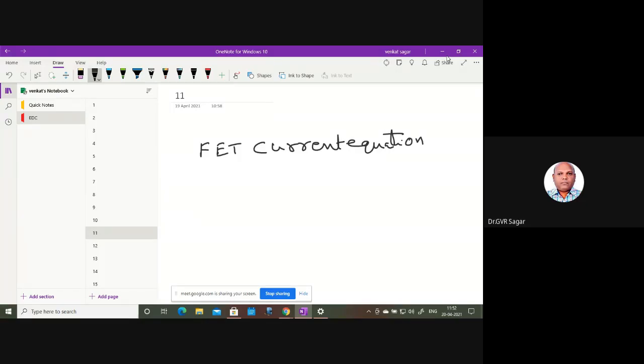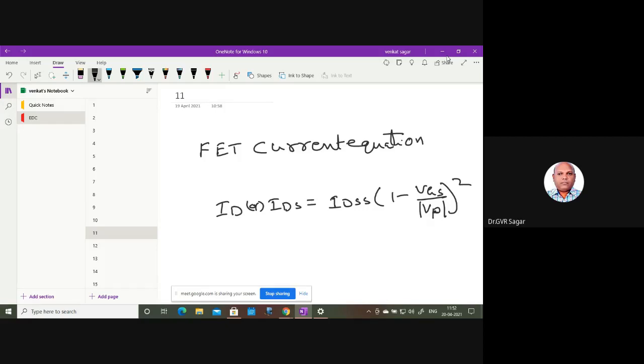We have IDS is equal to IDSS into 1 minus VGS by VP whole square. Right? This VGS by VP is a mod. The mod indicates irrespective of plus and minus, you have to take the plus only for VP, the pinch-off voltage. Don't take the negative voltage.